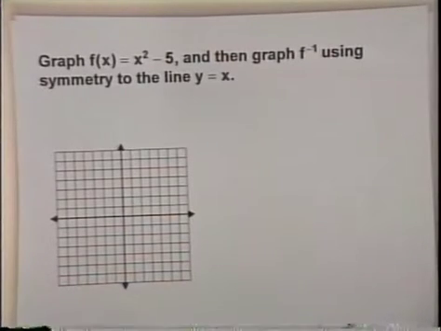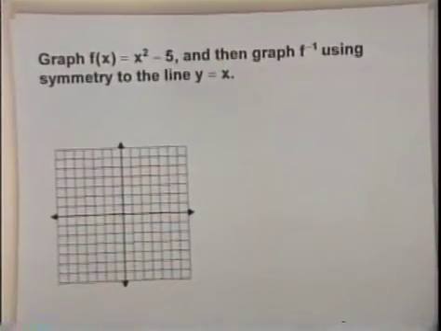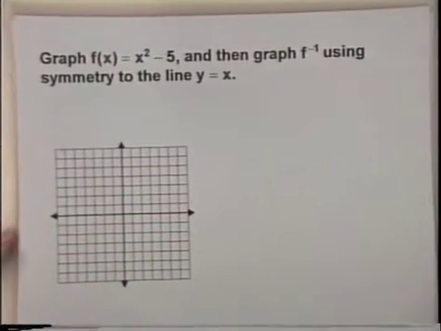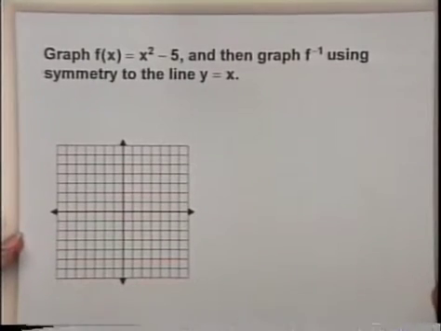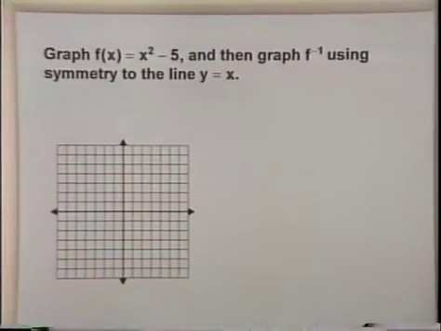Graph f of x equals x squared minus 5, and then graph f inverse using symmetry to the line y equals x. Well, first of all, I want you to notice immediately that f of x equals x squared minus 5 is a function, but it is not one-to-one, is it?